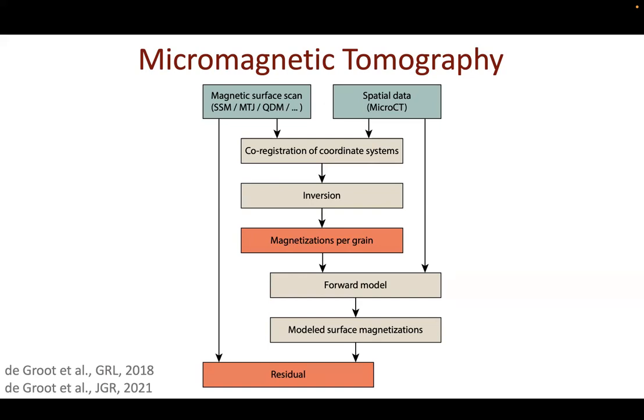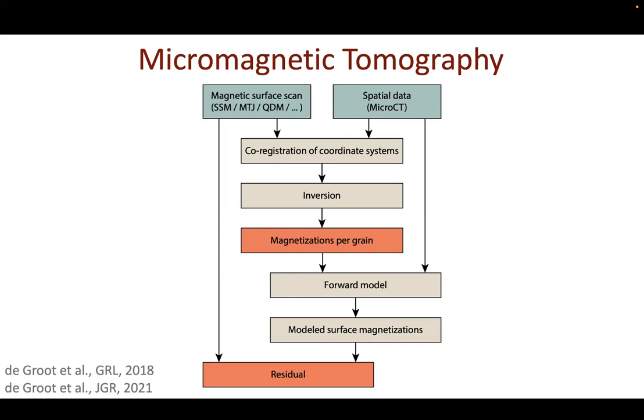But importantly, we also add spatial data from a micro-CT or a nano-CT, and if you would really go down to a FIB-SEM, but that means you lose your sample. That's a bit of a problem. And then really importantly, you have to co-register these two data sets in one coordinate system. When we started this, we thought, well, this is easy.